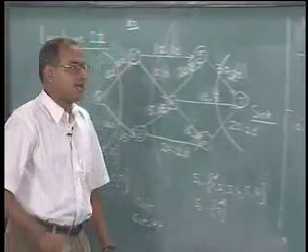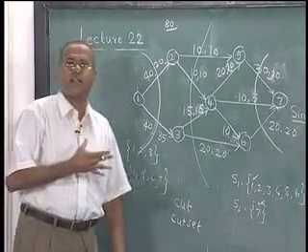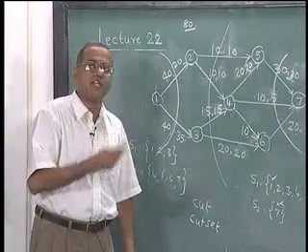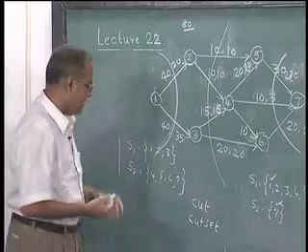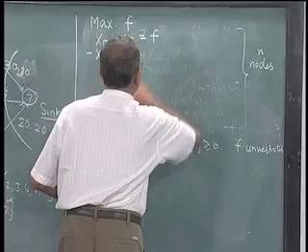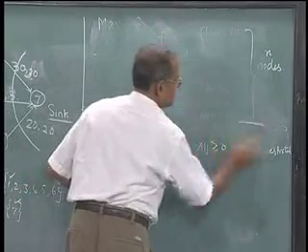Now, having seen the flow augmenting path algorithm and the way we evaluated all the flow augmenting paths, the next question is, can we have some kind of a labeling algorithm which will help us program or efficiently get the maximum flow given a network. So, we will now look at a labeling algorithm which we can use to solve the max flow problem.